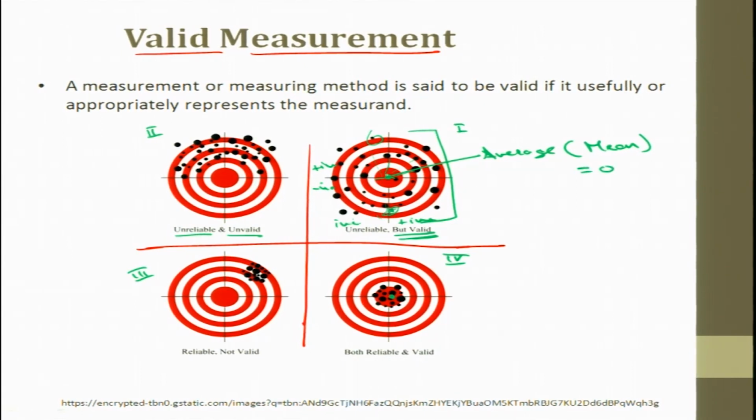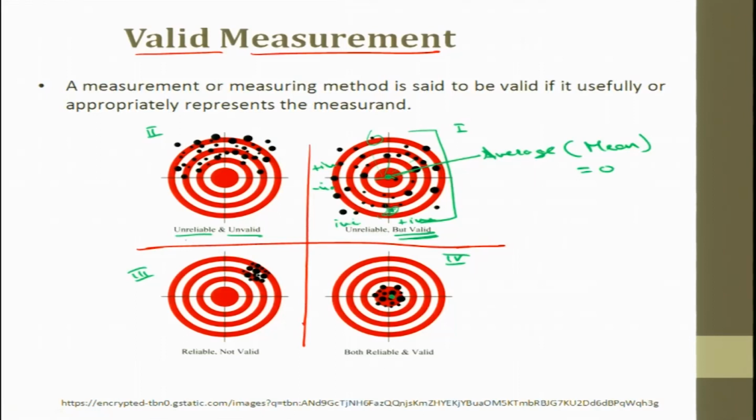That is why this kind of information is somewhat valid. However, it is not reliable. In quadrant 2, it is not reliable and not valid. But in quadrant number 3, it is reliable because the data is very close, and in quadrant number 4, it is both reliable and valid. It is at the center and also all the observations are close.